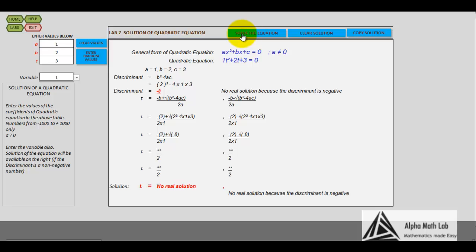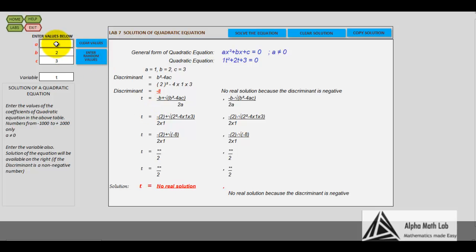We can see that in this case the equation is 1t squared plus 2t plus 3 equal to 0. When you find the discriminant, the value of the discriminant is negative 8, which is less than 0. Therefore, there will be no real solution for this quadratic equation. At the end, we get a note that there is no real solution because the discriminant is negative.